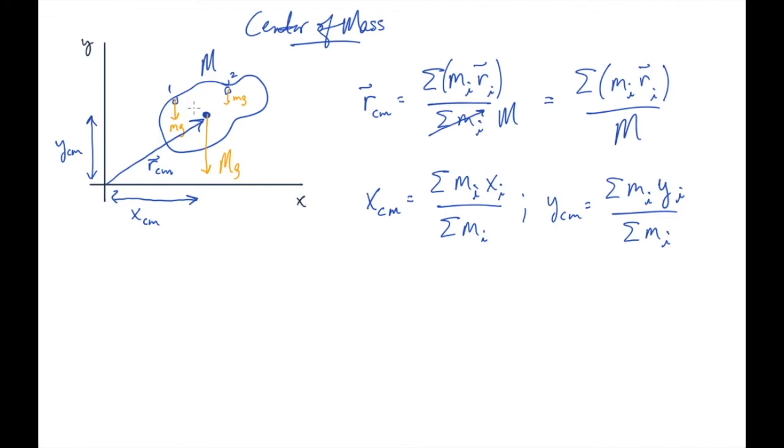What happens in that case is that these summations turn into integrals, and you can calculate R_cm this way. It becomes the integral of r dm over the integral of dm. So you could write this as the integral of r dm over the total mass of the object. So when you have a continuous object, not a collection of individual ones, you would use this expression.